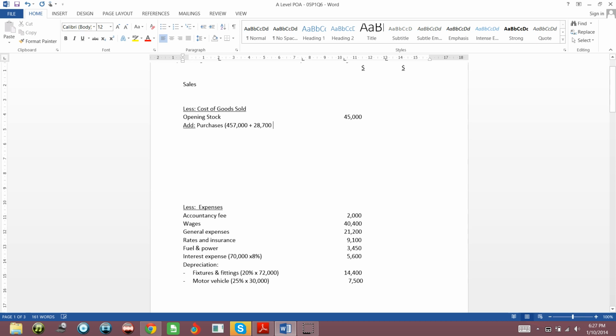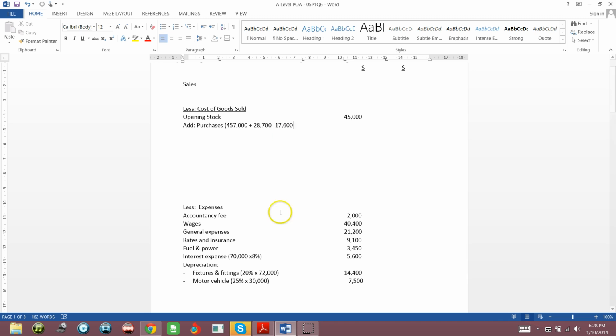Then you minus out of this 457,000, 17,600, which is the creditor at the beginning of the year. That means out of this 457,000 that he paid during the year, 17,600 was paid in respect of last year's purchases.